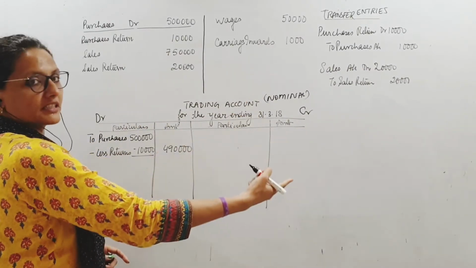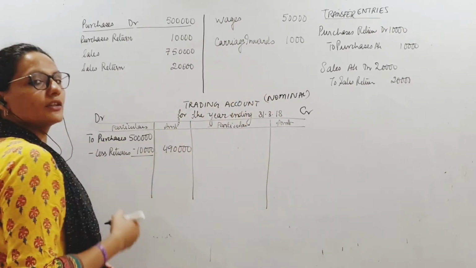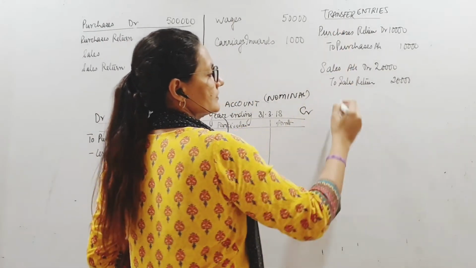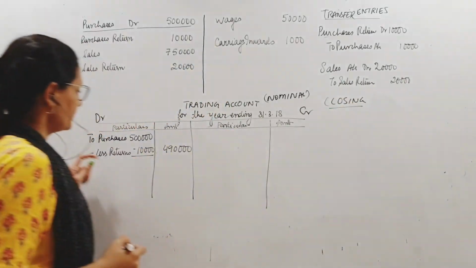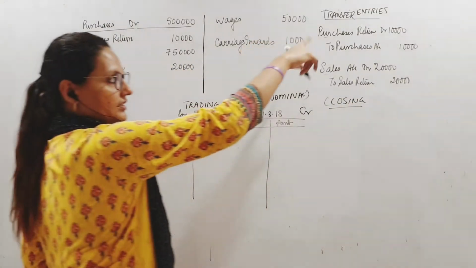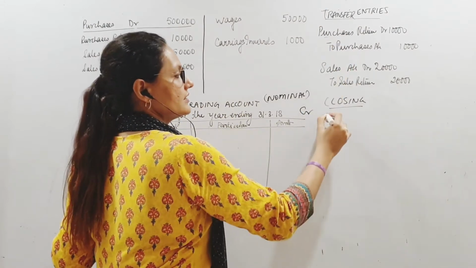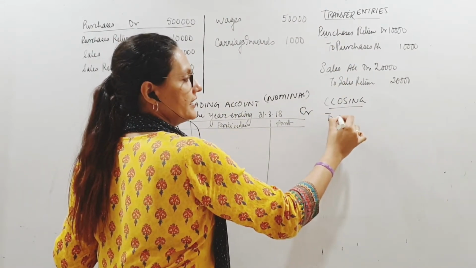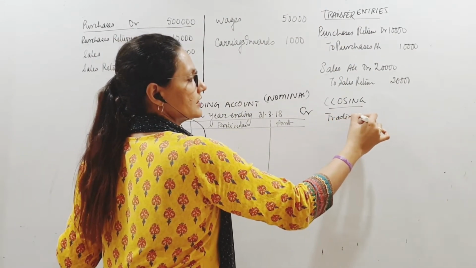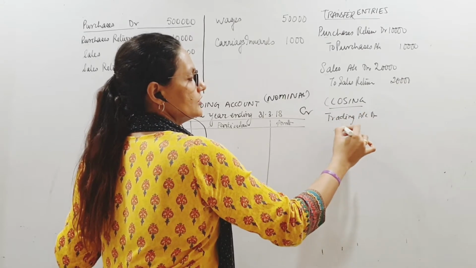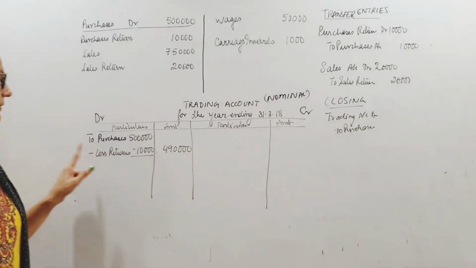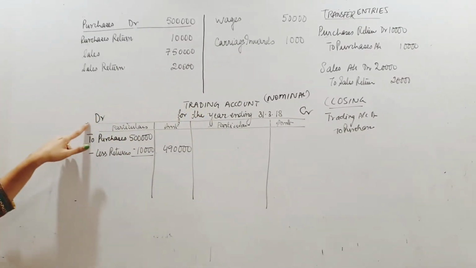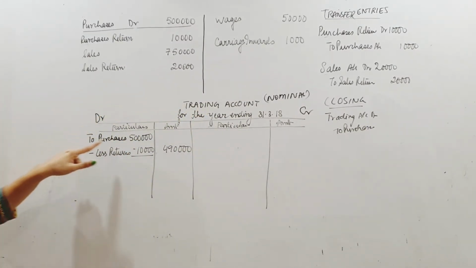So we have brought down the amount of income. Income should come on the credit side. Obviously, how do I close sales now? What was the closing entry for purchases? After I adjusted the purchases account, I debited the trading account. This is the closing entry I passed. The trading account I have debited, so it is appearing on the debit side. What did I credit?